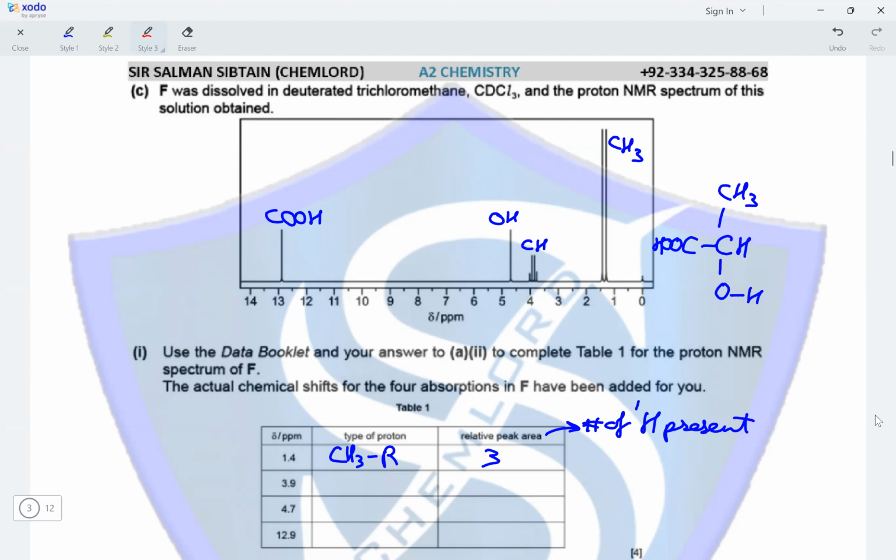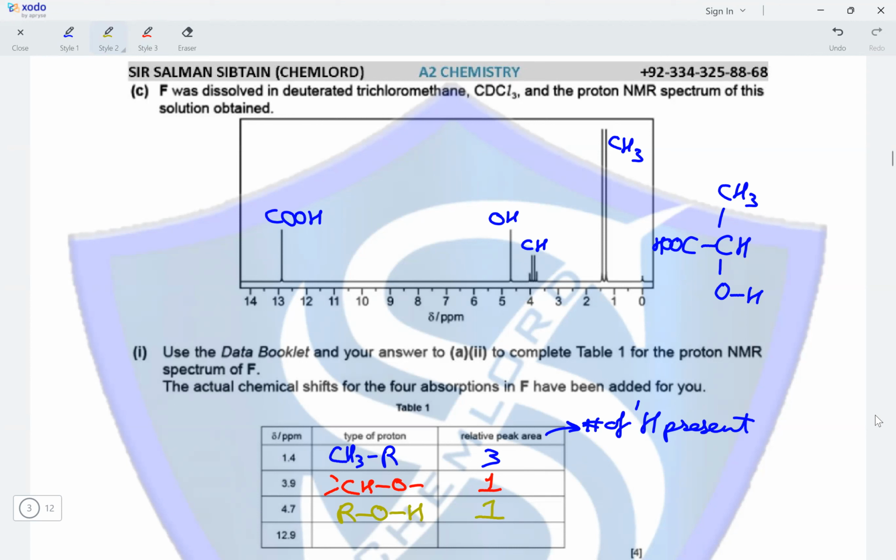For 3.9, the peak belongs to a CH group next to an oxygen atom. So the relative peak area here, since there is only one proton present, is 1. Then we have a peak at 4.7 corresponding to the alcohol OH group.